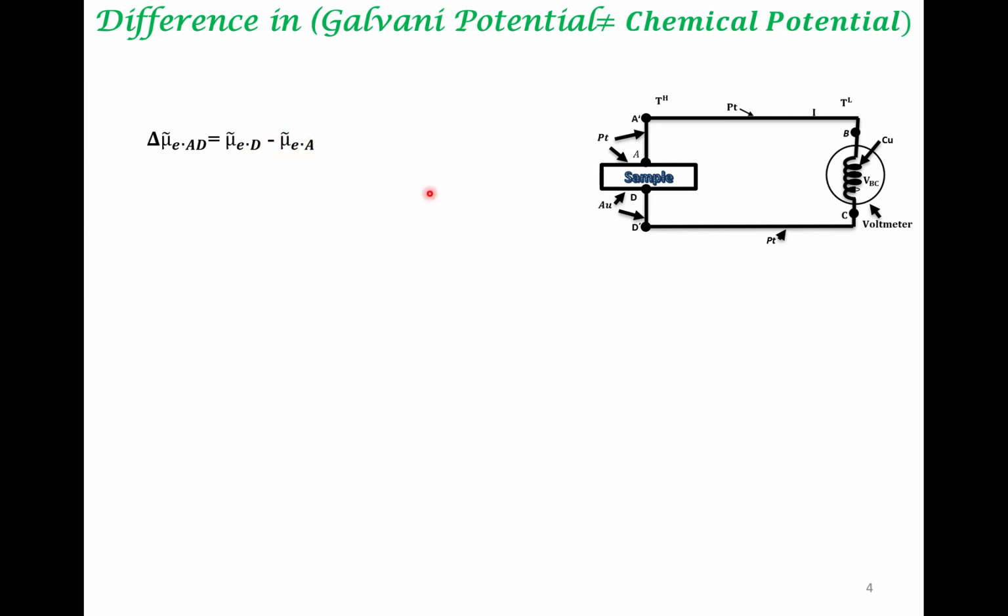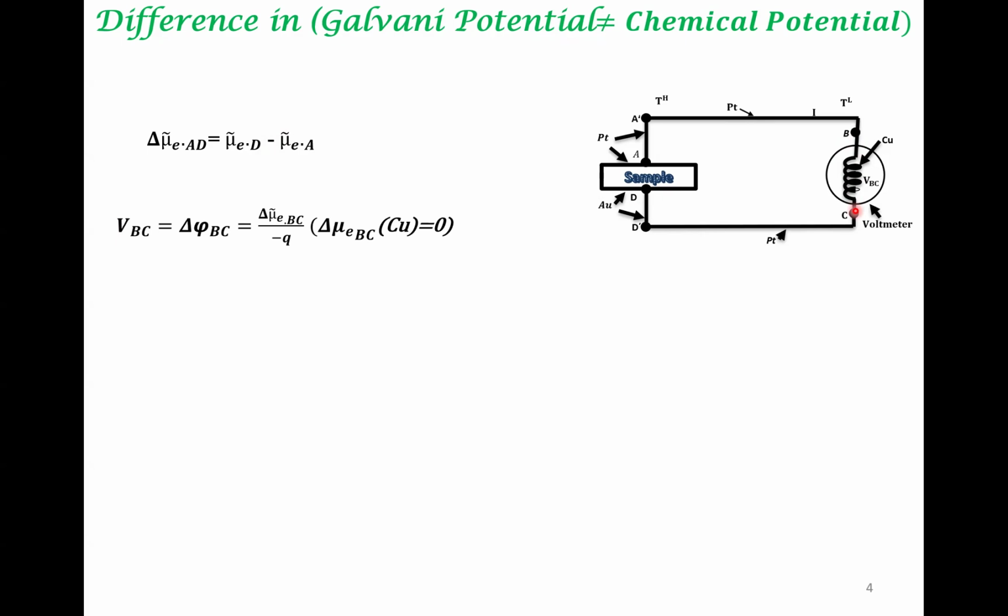So in this case, what are the 2 points A and D? A refers to this point, which is in the platinum electrode, and D refers to this point, which is in the gold electrode. So with this notation, we are referring to, again, a difference in electrochemical potential of electrons between two different points. Then, when we say VBC, this refers to the voltage difference between these 2 points.